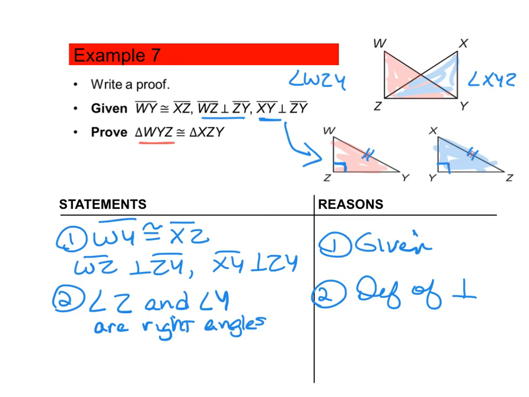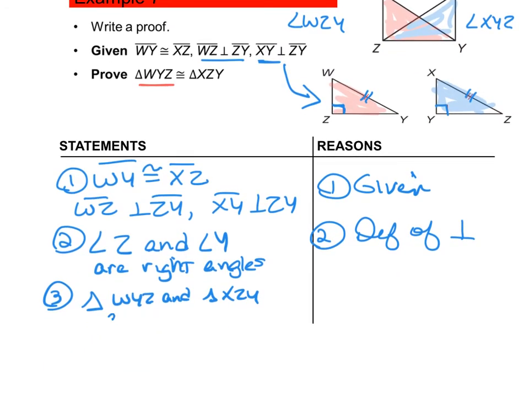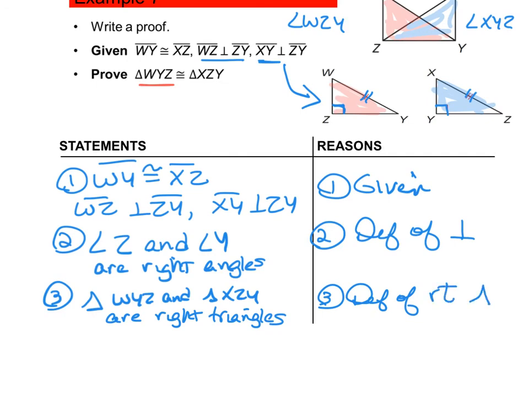Next thing I have to establish is that triangle WYZ and triangle XZY are right triangles. And this is by definition of a right triangle. Next, I need to get in here.